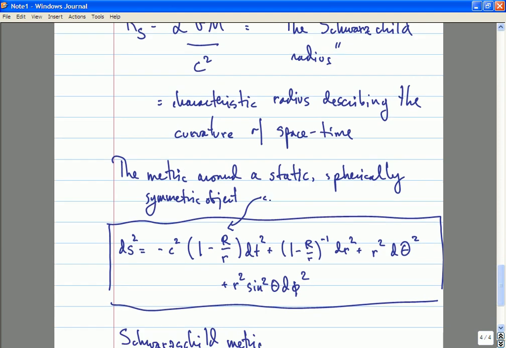So this factor right here is the factor of gravitational time dilation. But the other terms in this formula are not something that I can explain to you without deriving the equations of general relativity, namely Einstein's equations, and showing you that this is their solution.